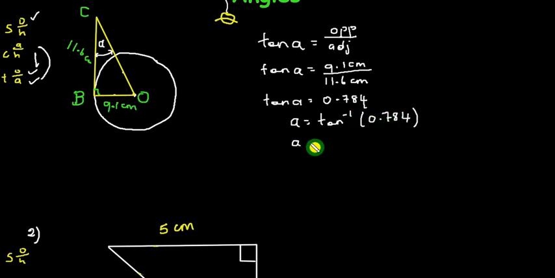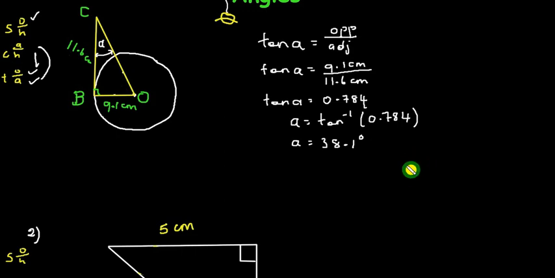So alpha is equal to, when we find tan inverse of 0.784, the result is 38.1 degrees.